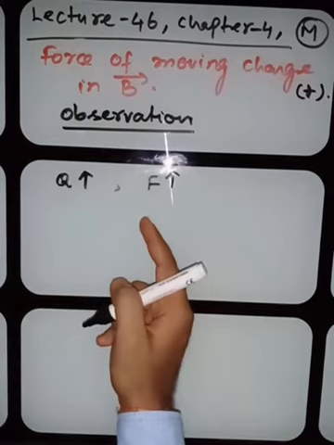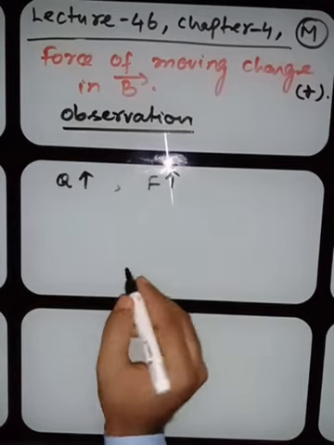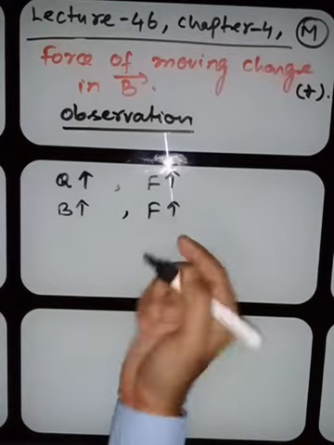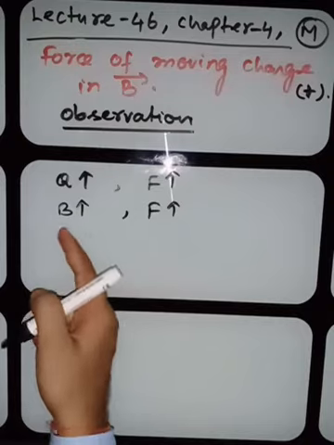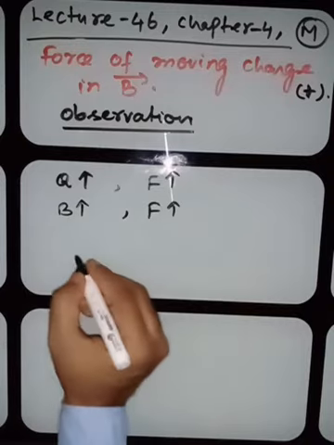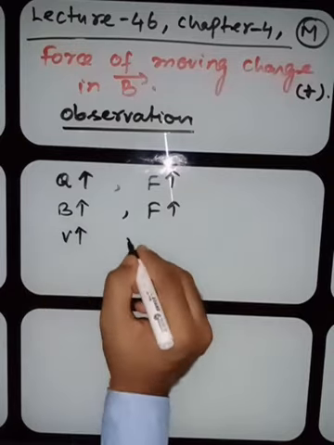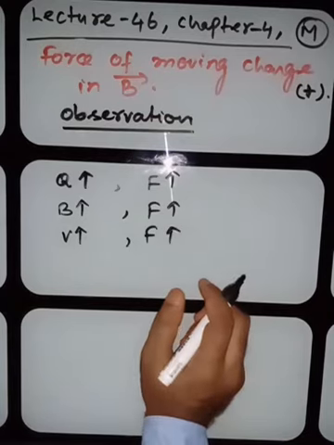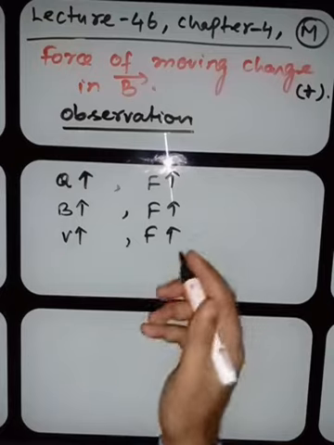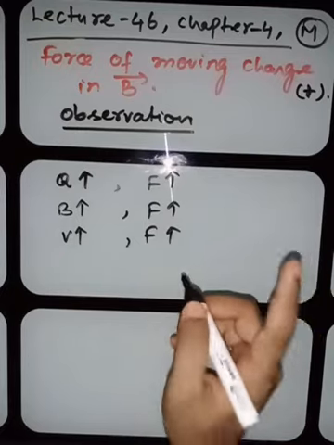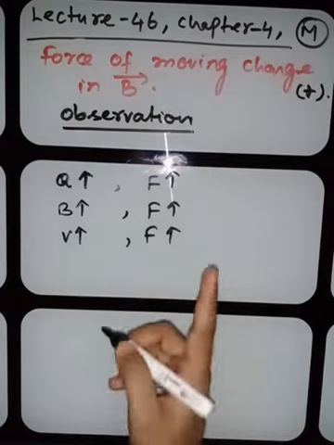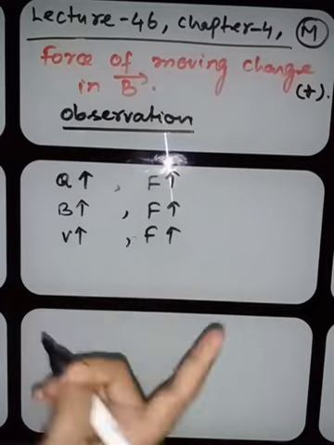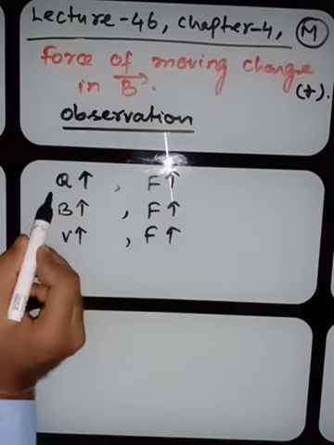The second observation, what the scientists found: as the strength of magnetic field increases, the force again increases. As the velocity increases, again it was found that the force increases. Very fantastic results.